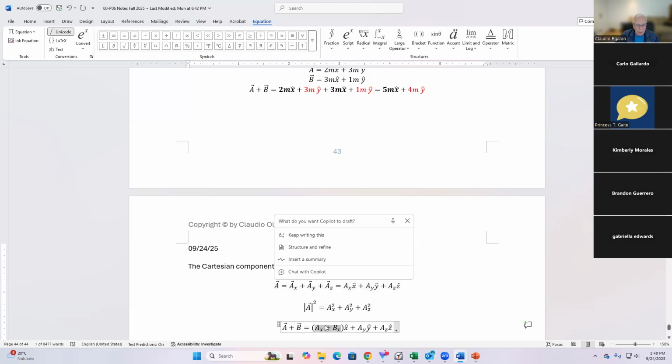The components are summed up regularly, like regular numbers, but only the components. Okay, you cannot sum the components of the x with the y, right? Only the components with the same direction, like that.